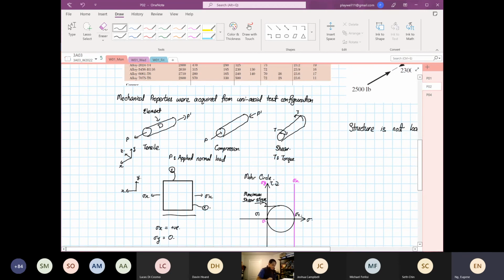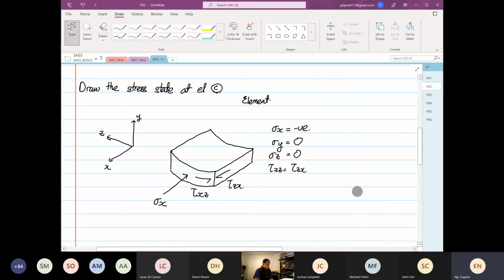You can see how they construct their element and then how they construct Mohr circle. We are going to do the same. We broke down the loading into stresses, we now construct the element, and from the element we are going to draw the Mohr circle. We are just going to sketch it.